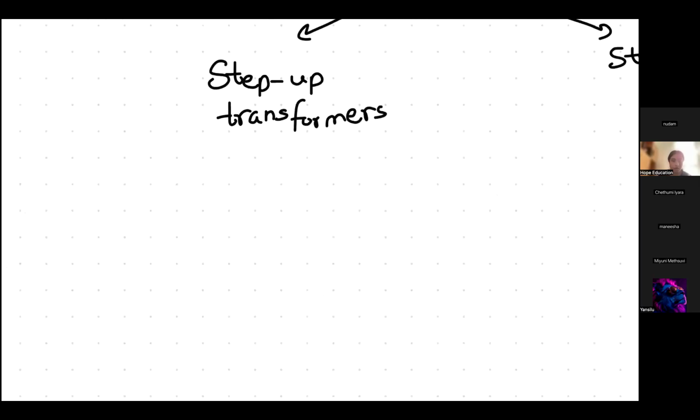So we have the primary coil. We connect an alternating voltage to it. And here is my soft iron core.